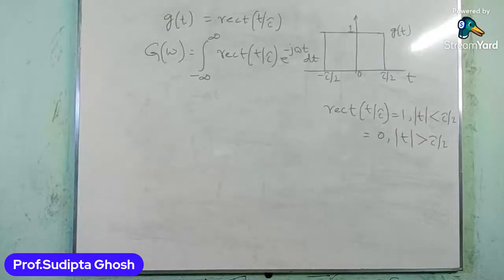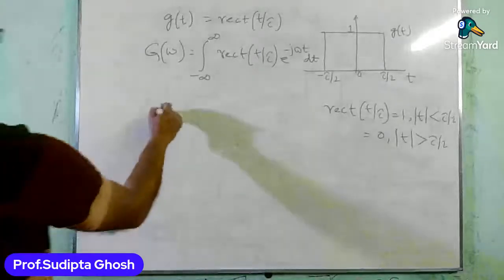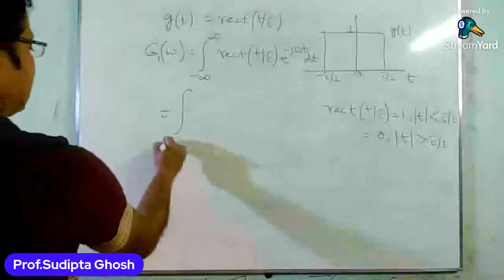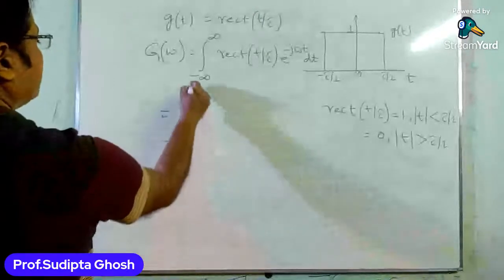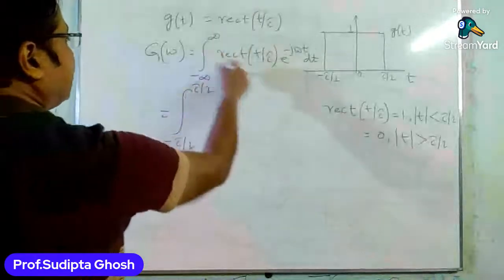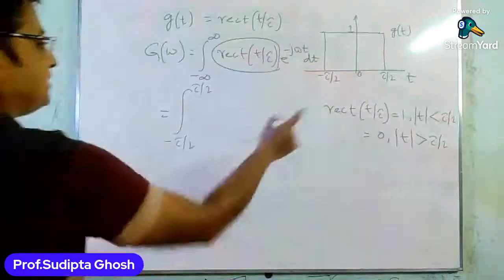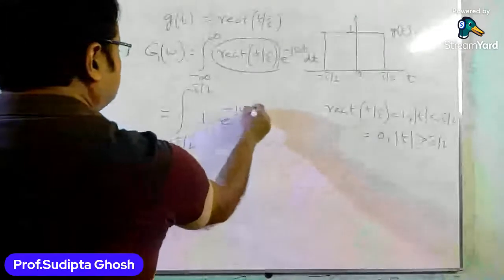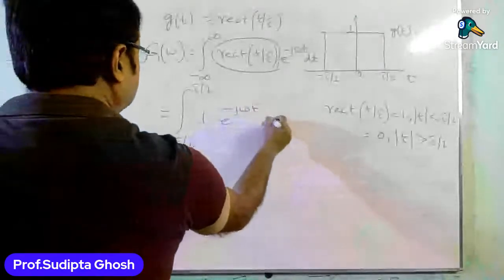So we can write this function from the figure itself, and putting this functional value in the definition of the Fourier transform, we can write that G(ω), the integral limits change to minus τ/2 to τ/2, then the rectangular function value, which equals 1, into e to the power minus jωt dt.